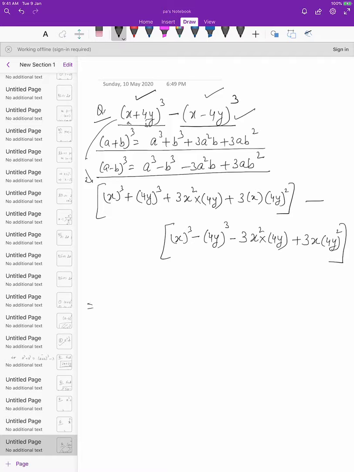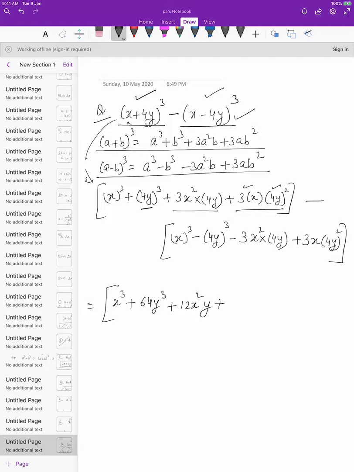Now let's open out these brackets further. This will be x cube plus 4y whole cube will be 4 cube into y cube, that means 64y cube. This term will give you plus 12x square y. Now this is 4y whole square. When you open it out, you will get 4 into 4, 16. 16 into 3 is 48.